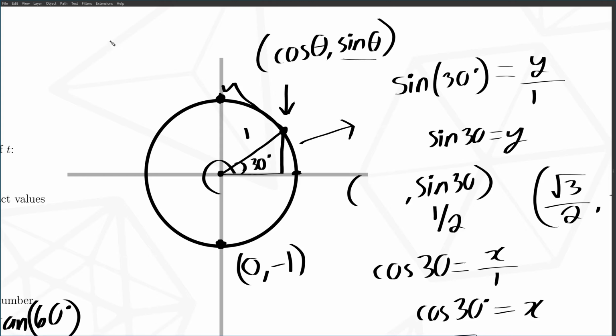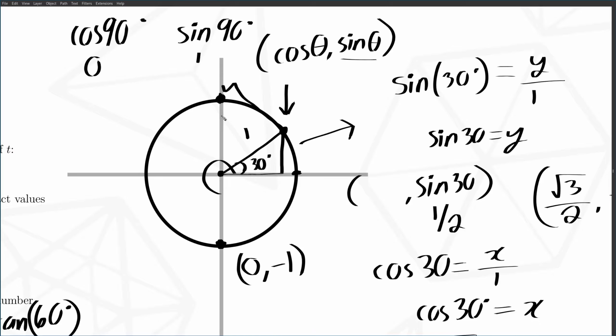So that also means that since the angle formed here is a 90-degree angle, cosine of 90 has to be 0 since our x there is 0, and sine there has to be equal to 1.